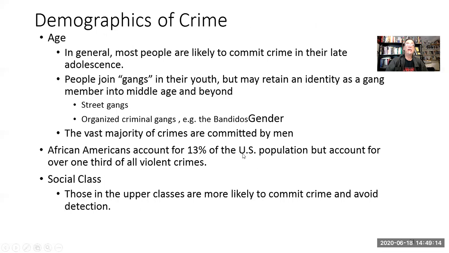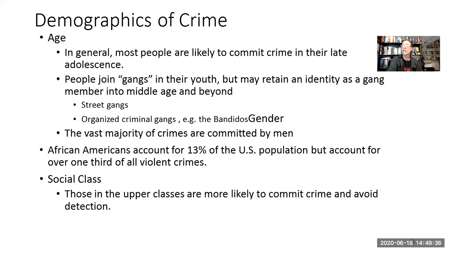Demographics: generally younger men commit crimes. People often join gangs in their youth. If they are ever going to join a gang, it's done early, but they may retain that identity. There are different sorts of gangs with different kinds of social structures and activities.